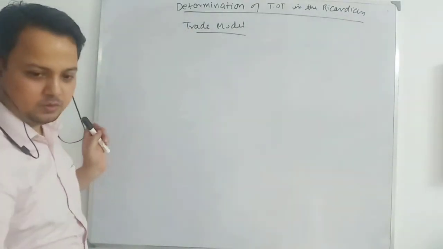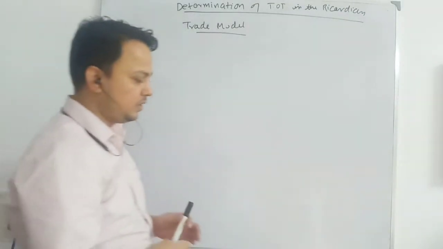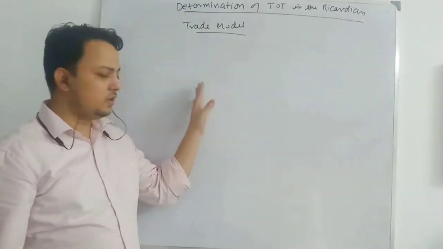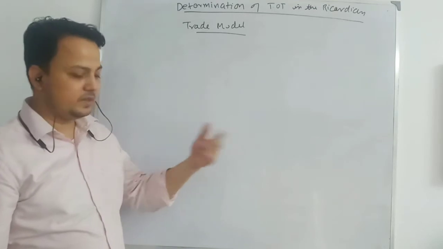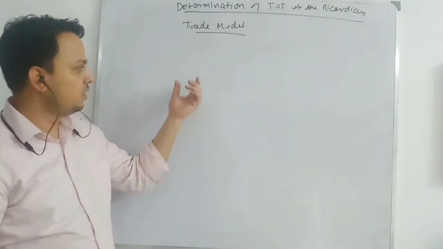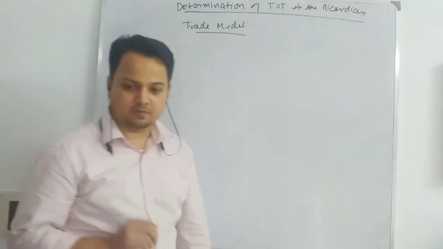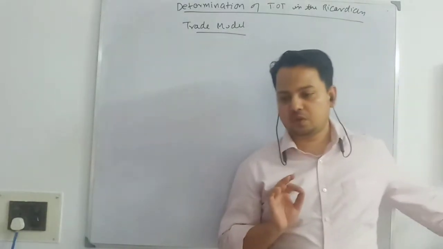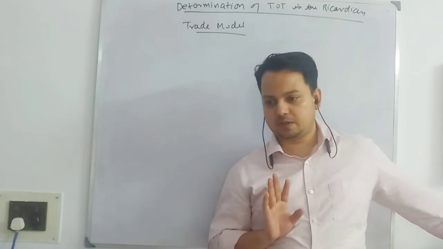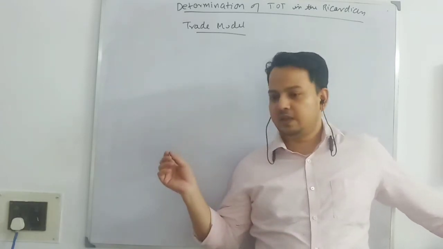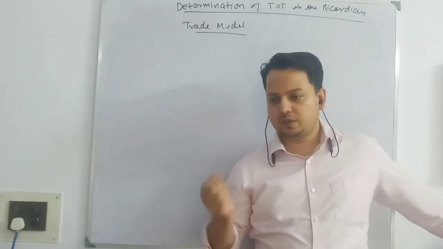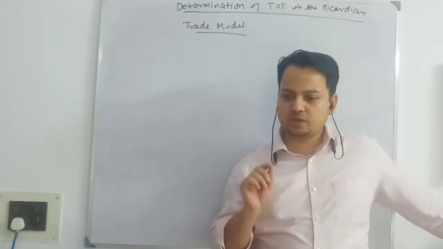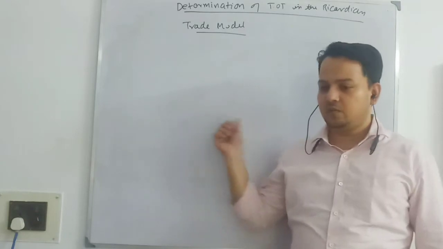Everybody knows that price of any commodity is determined by demand and supply. So here also, in traded goods, when we are trading goods internationally, price will be determined by demand and supply. But one thing we have to remember when we are studying competitive advantage: when we are importing and exporting, we need to keep track of the relationship between these two goods, cheese and wine.